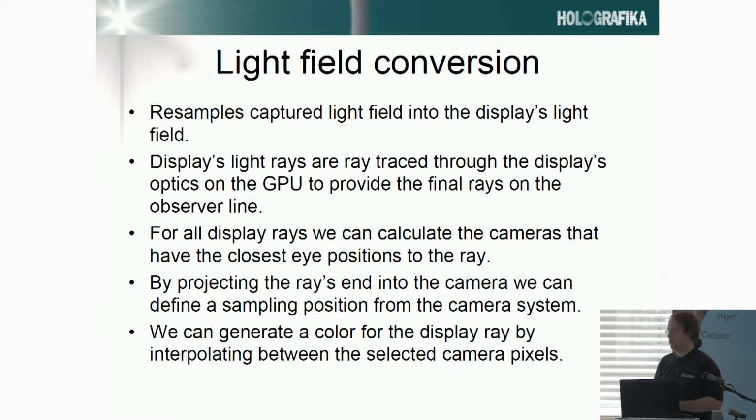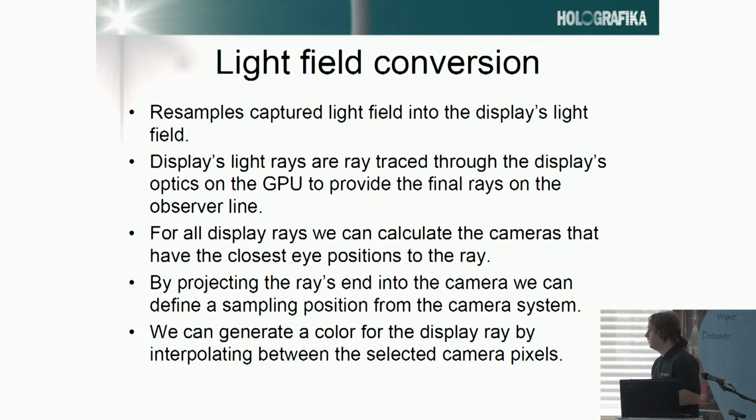One such task is to ray trace the display's light rays through the mathematical model of the display's optics. Once we get the ray table that represents the outgoing rays from the holographic screen to the eye positions, then we can use this to find the necessary rays from the captured camera rays that we have.